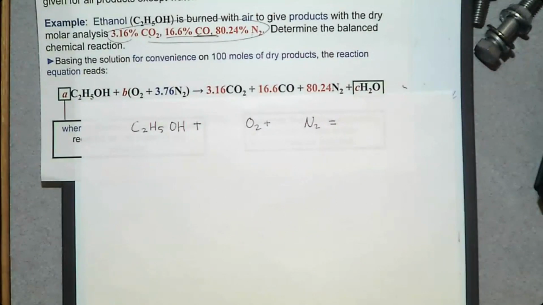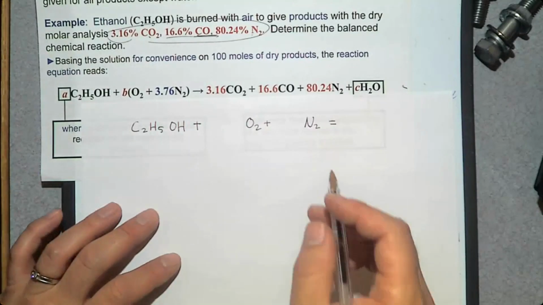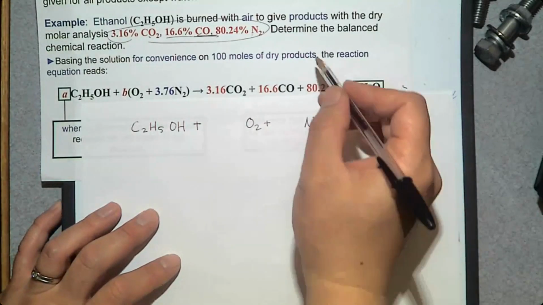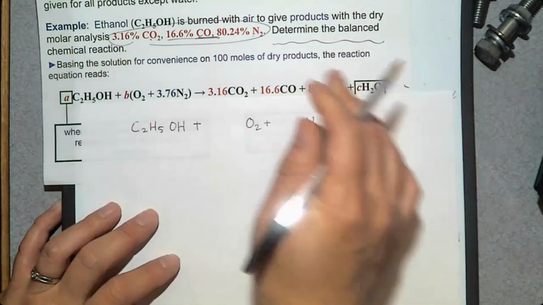According to the dry molar analysis, 3.16% is carbon dioxide, 16.6% is carbon monoxide, 80.24% is nitrogen. And we are going to determine the balanced reaction equation.